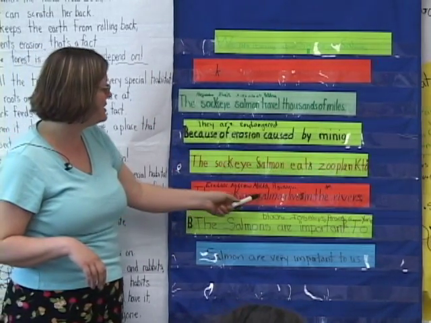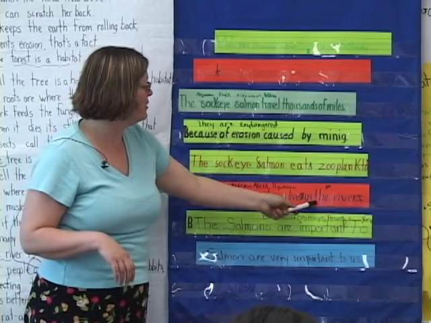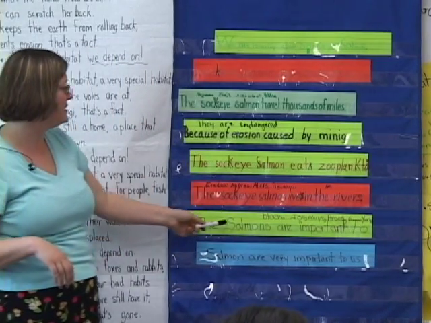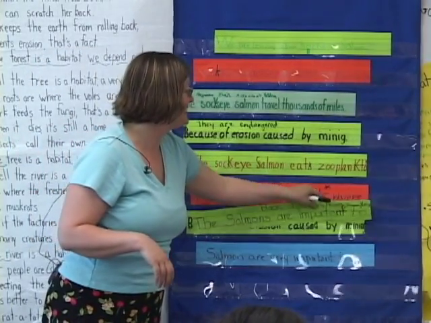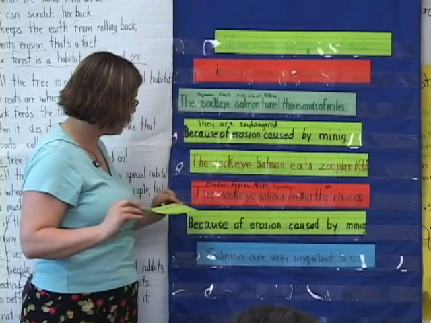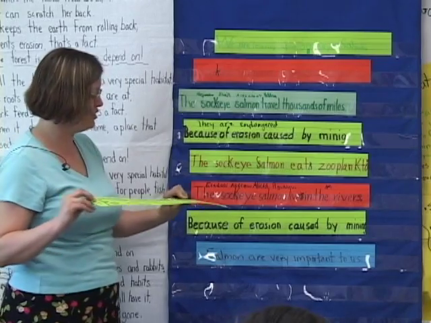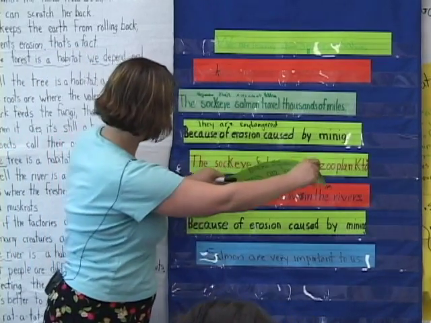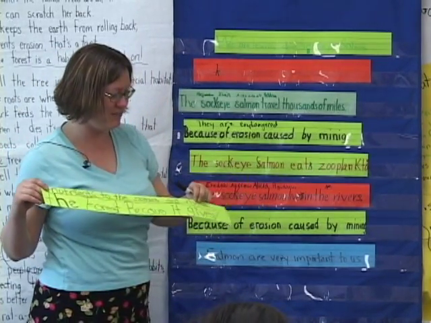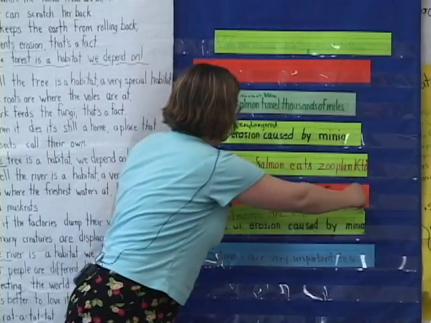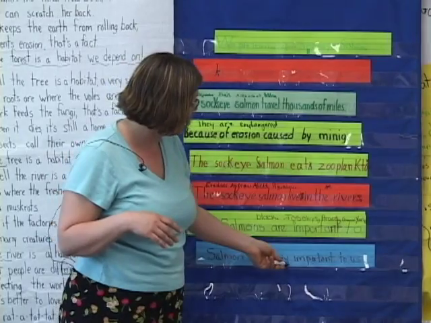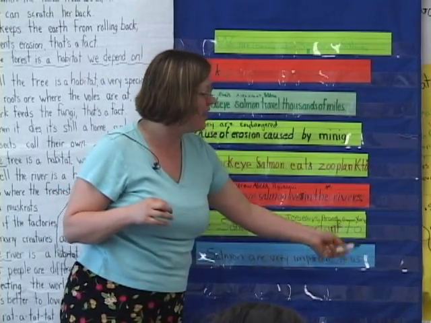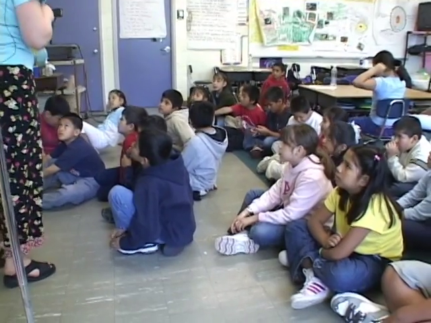The sockeye salmon live in the rivers. The salmon are important to, let's see, the forest because it gives nutrients to the ocean and rivers. And salmon are very important to us. Good job, you guys.